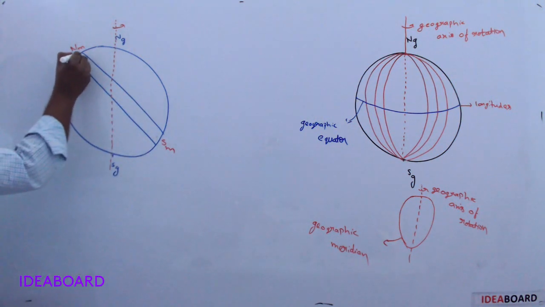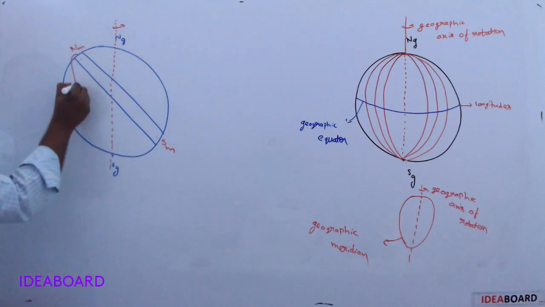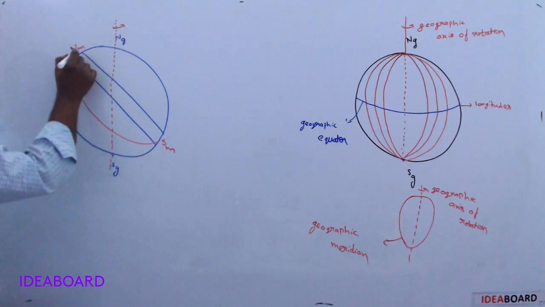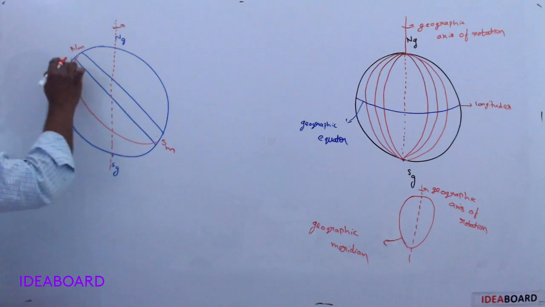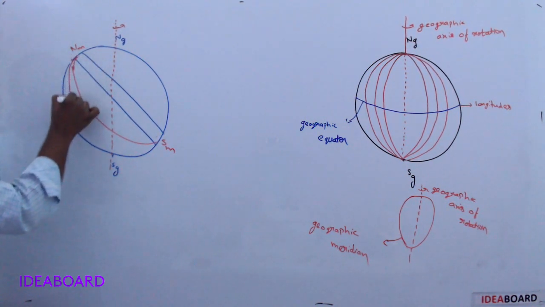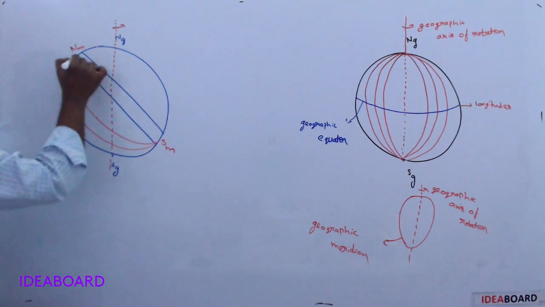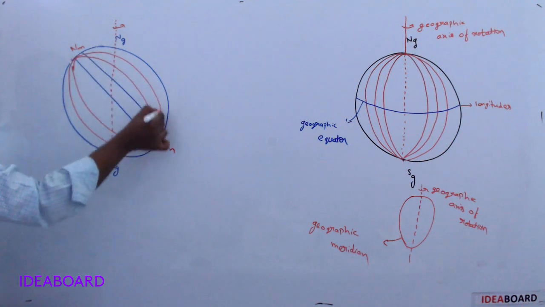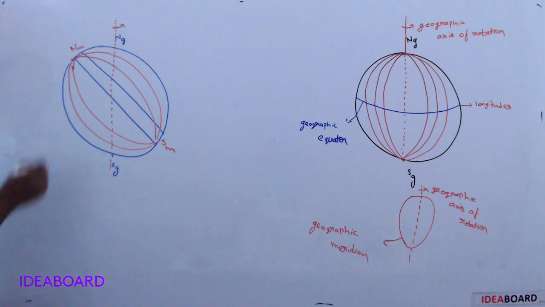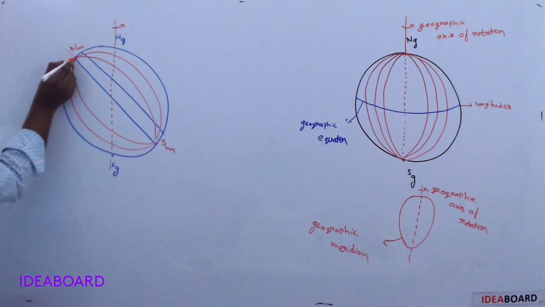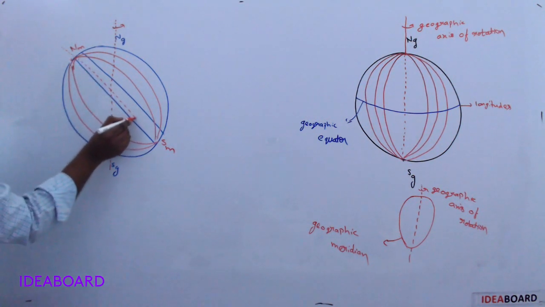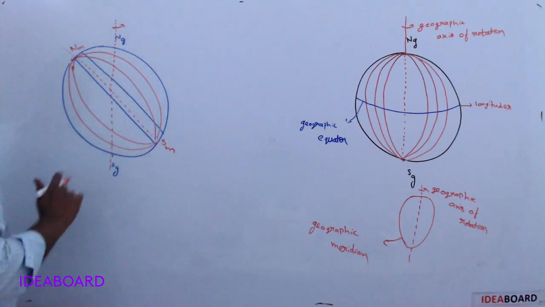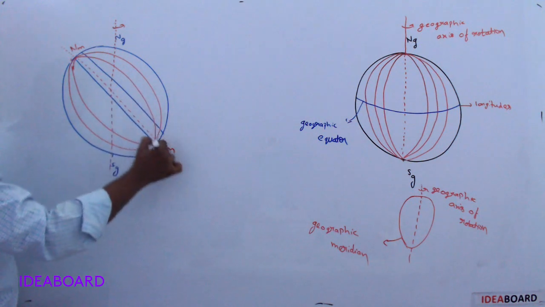Now let us draw again some imaginary circles from the Nm to Sm. Like this. There is one diameter which is common for all the circles and this is the line joining Nm and Sm.